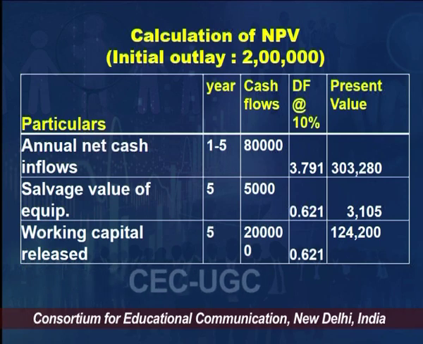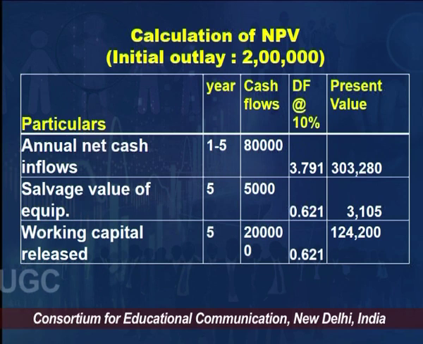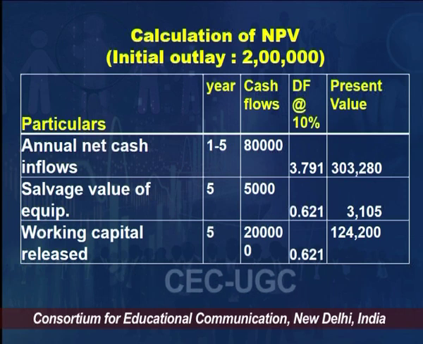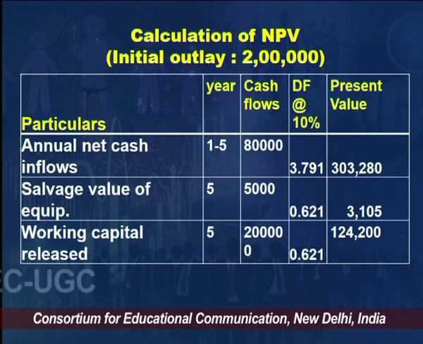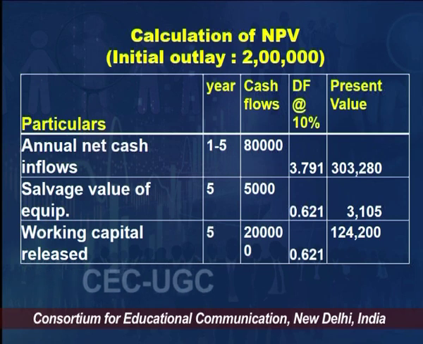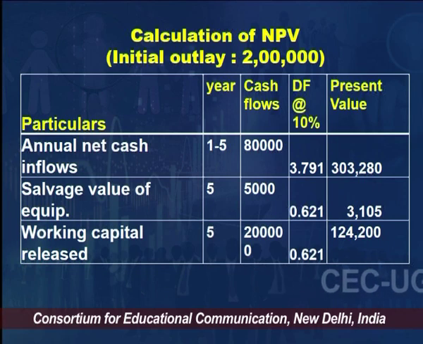So, the annual net cash inflows for 5 years is 80,000. And how did we calculate this 80,000? We just discussed that 750,000 is the incremental inflow and 670,000, including the salaries, is the cash outflow. The difference between inflow and outflow, the incremental revenue and the incremental expense, is 80,000.